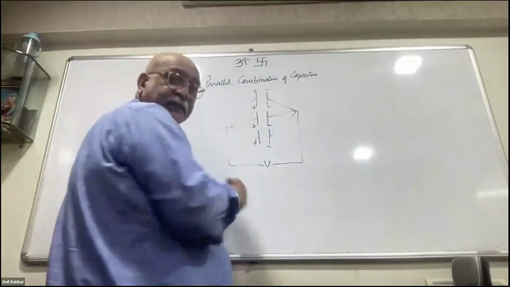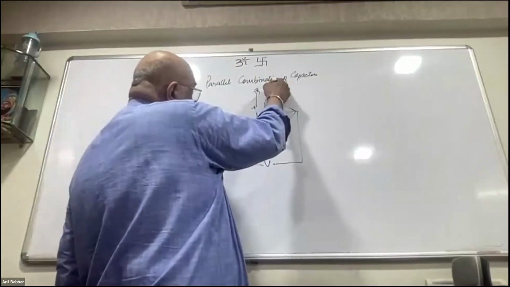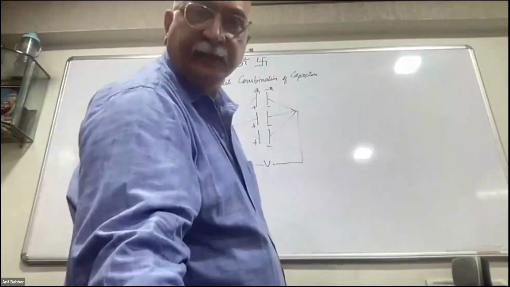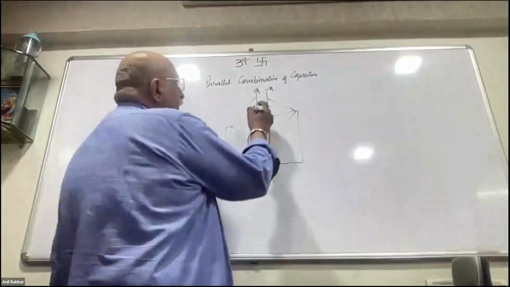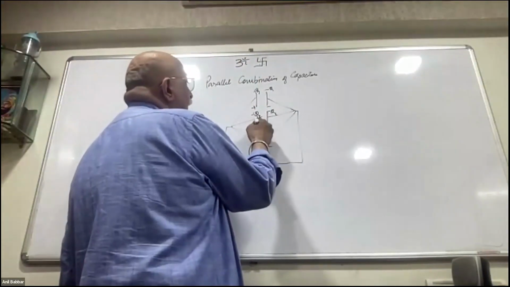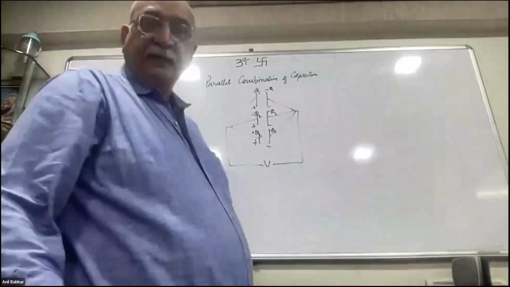The total charge will be, say, plus Q1, this is minus Q1. Then comes Q2 and Q3: minus Q2, plus Q3, this is minus Q3. Right?